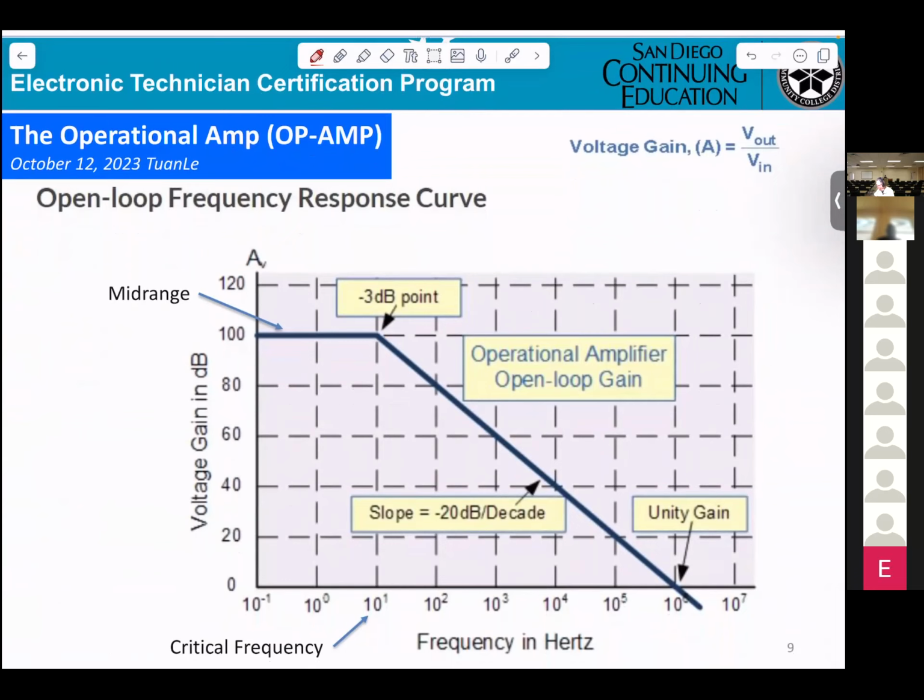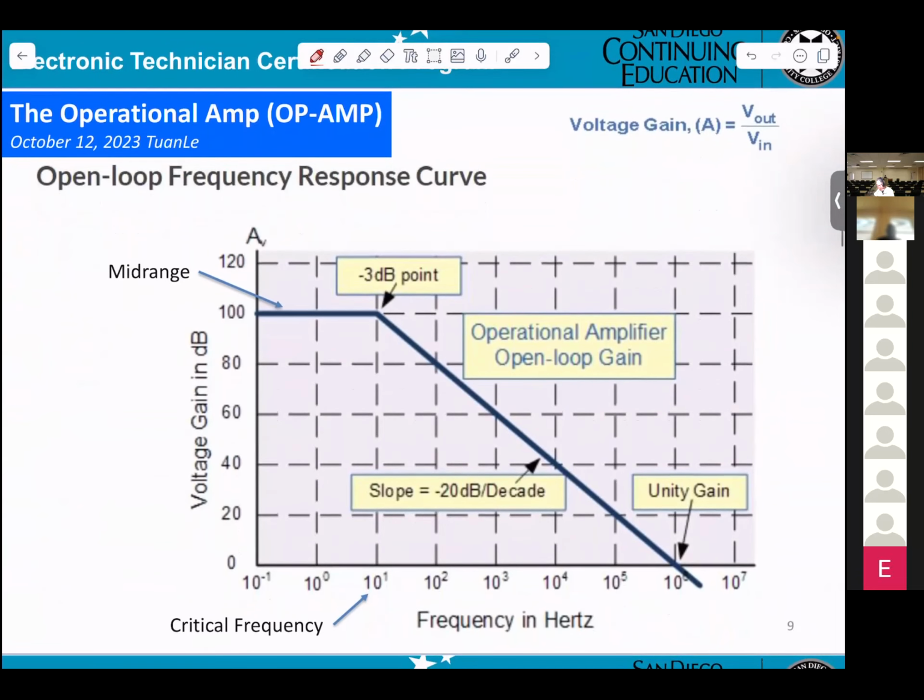Okay, try to understand the display here. First thing, you see this is the frequency domain. Frequency will be in hertz.